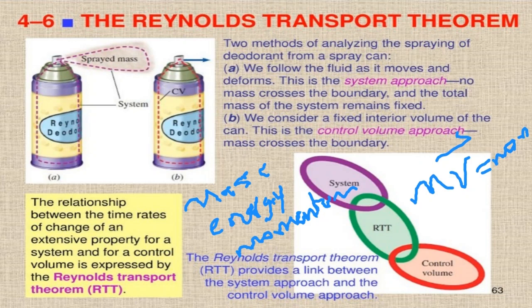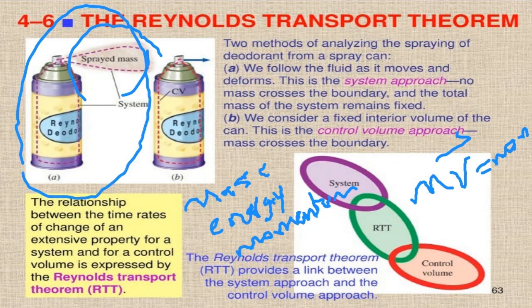So the first bottle of spray is a control mass or system. It's just called a system because, as you can see, it includes the spray itself, so no mass is actually crossing the boundary, because you have also included the spray itself. On the other hand, if you choose the boundaries to be only the control volume, then mass is crossing the boundary of the control volume.